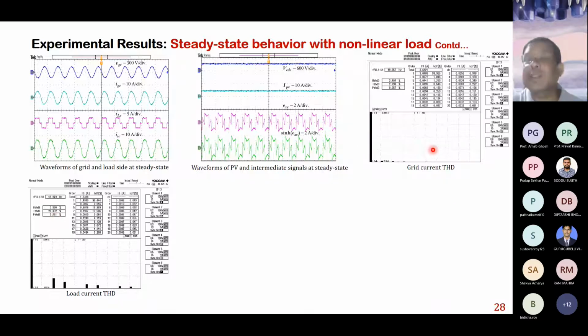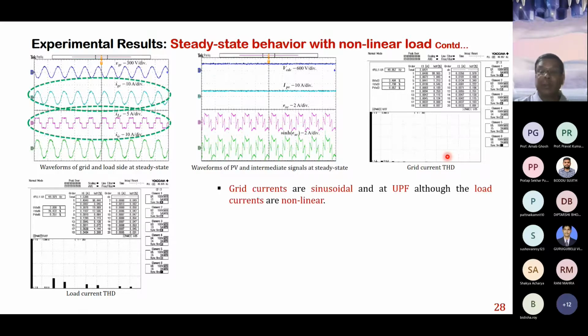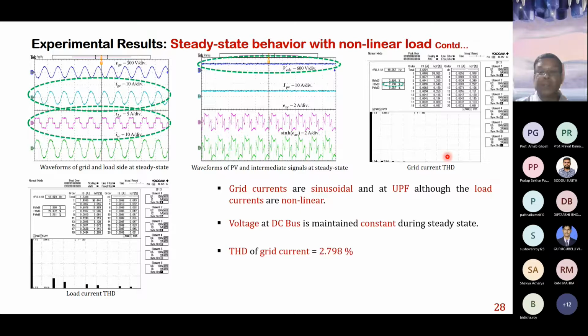And here the THD has come to 2.798. So the grid currents are still sinusoidal, and unit power factor is achieved even though the load current is nonlinear, and the voltage at the DC bus is maintained at a constant value of 600 volt.